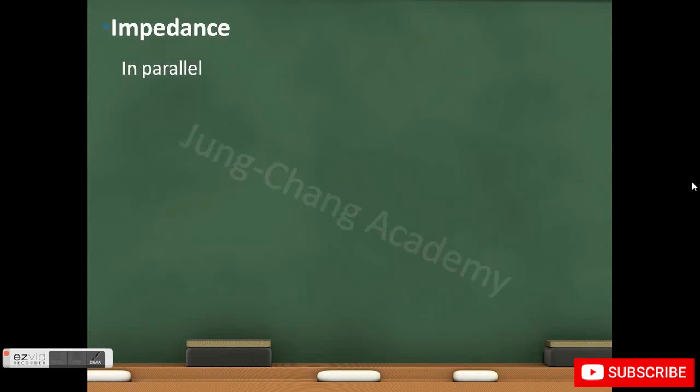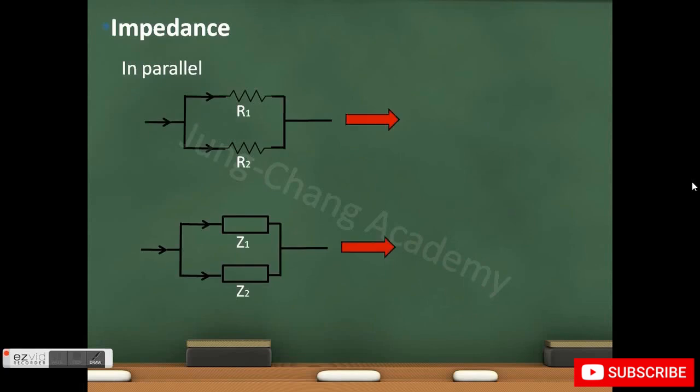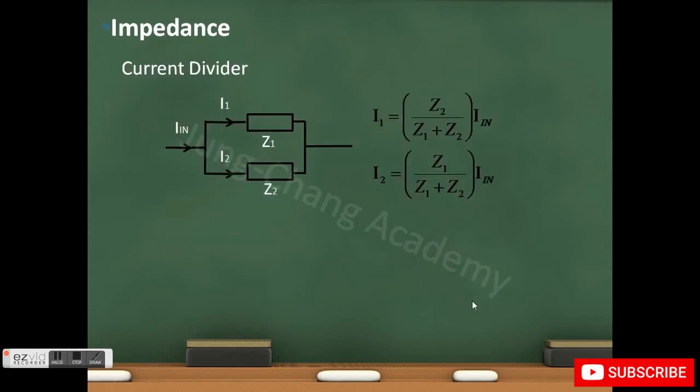Now when you have impedance in parallel, again you can use the same formula but simply replace the resistance by the impedance as shown here. So the current flowing through the parallel impedance I1 and I2 can be calculated just like the current divider case.